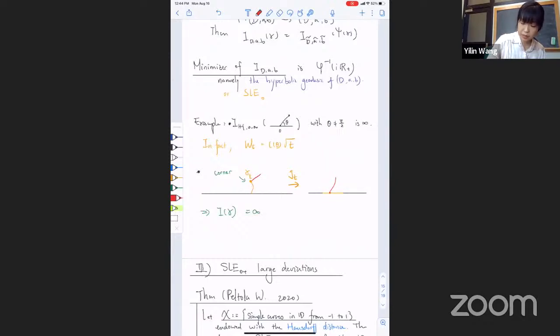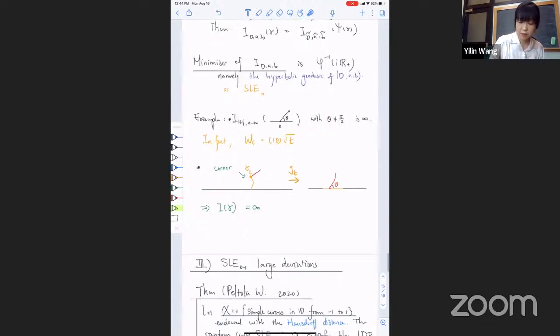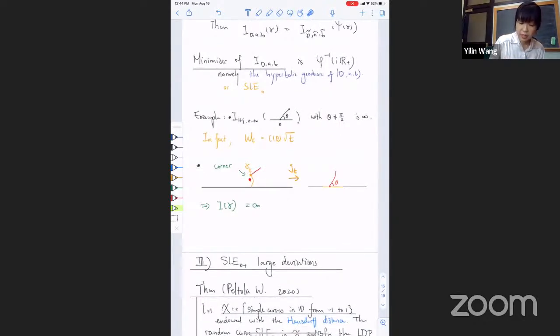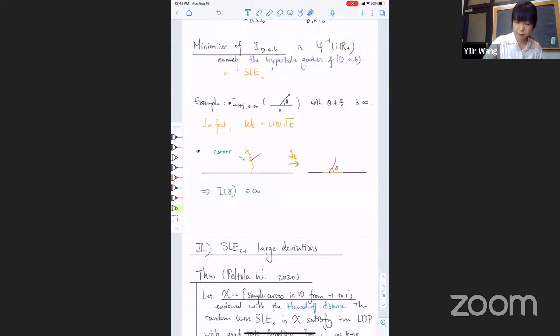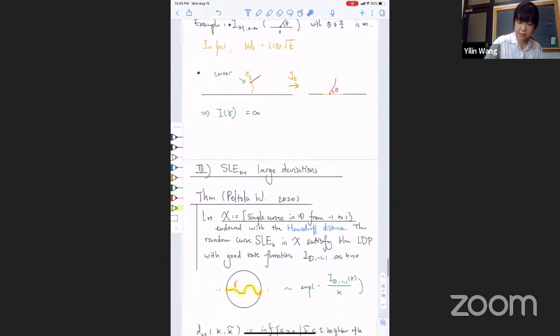And there will be an angle here, which won't be pi over 2 if this angle is not pi. So whenever the curve has a corner, the Loewner energy will be infinite. Because this part has infinite energy, the energy of this curve will be the energy of this orange part plus the energy of this red part, which is infinite. So there are a few examples.